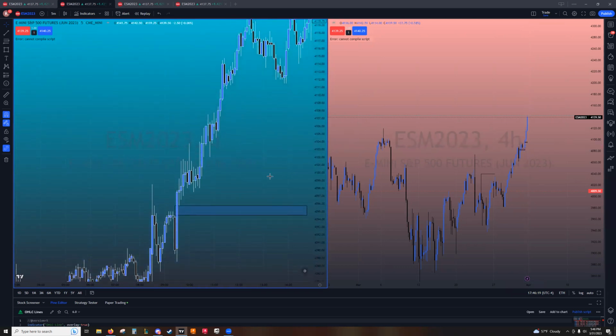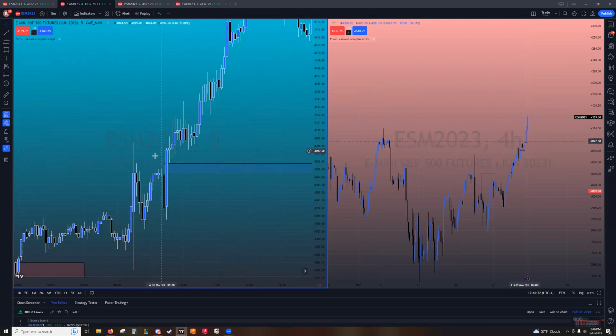The inefficiency, called a fair value gap, is defined by three candles. Candle one is the high in this case. Since we're going up, candle one's high is the bottom of the fair value gap.